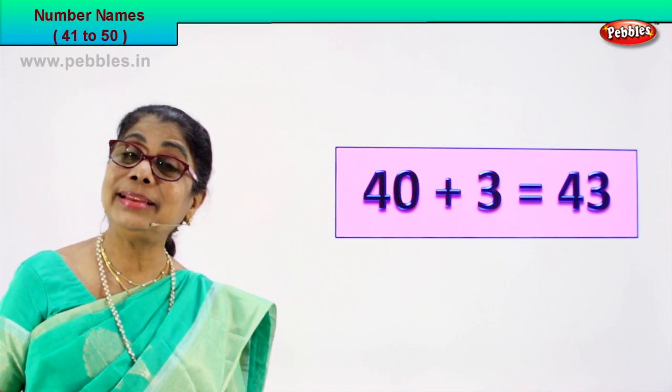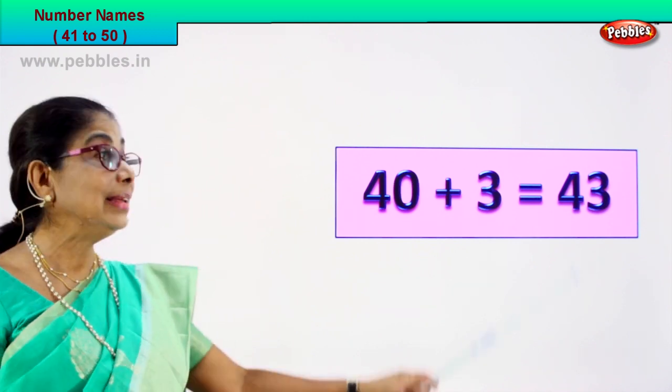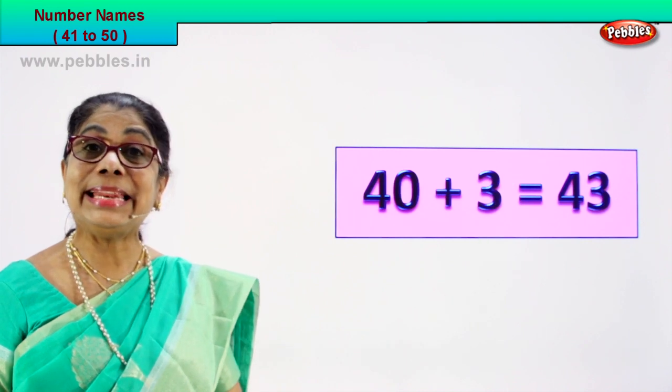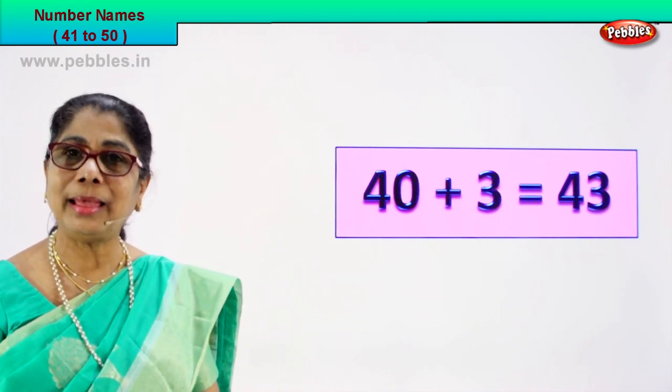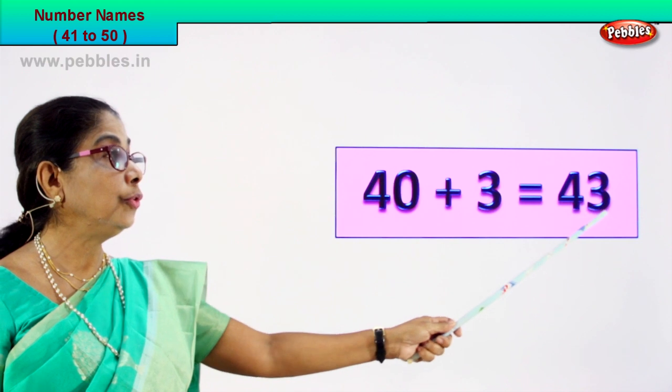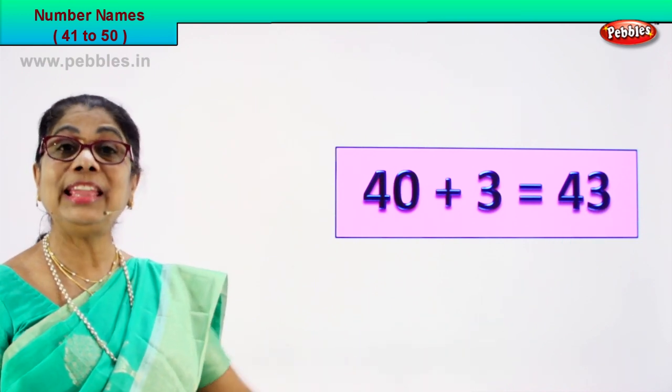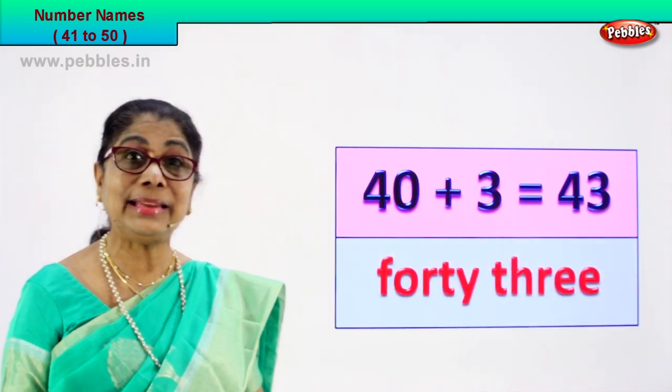Today we are learning to write the number 43's name. Spell and write the name 43. 4 and 3, 43. Let's spell and write it.